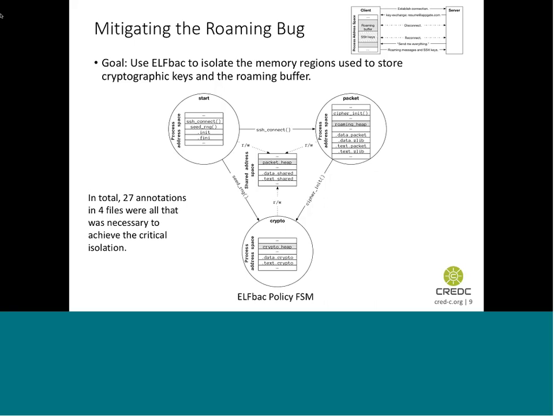So what we've created is three states: a start state, which also happens to be the default execution state. If you're not doing network code in the packet state and you're not doing cryptographic code in the crypto state, then you are in the start state.